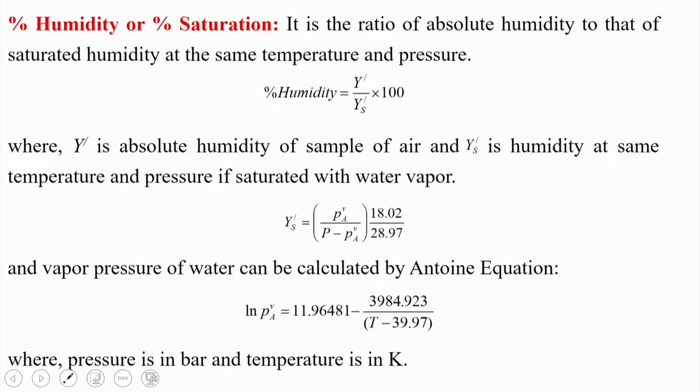So, Y s prime is equal to Pa naught by (P minus Pa naught) into 18 by 28.97, and vapor pressure of the water can be calculated using the Antoine equation, where ln Pa naught is equal to 11.9648 minus 3984.92 divided by (T minus 39.97), where pressure will be in bar and temperature will be in Kelvin.